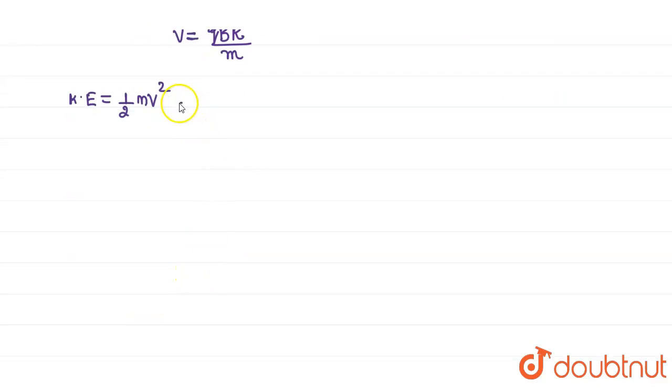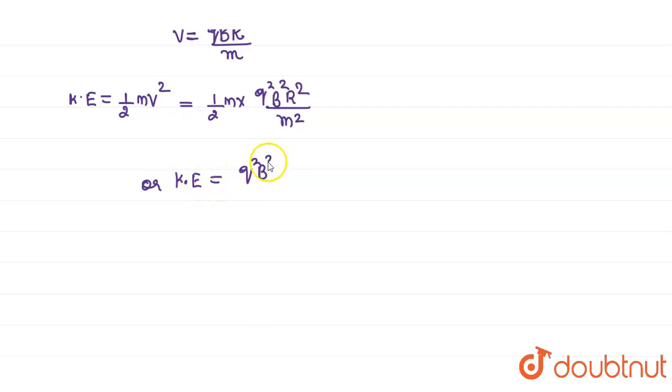Substituting the value for velocity, we get 1/2 m v square is q square B square r square divided by m square, or kinetic energy is given by q square B square r square divided by 2m.